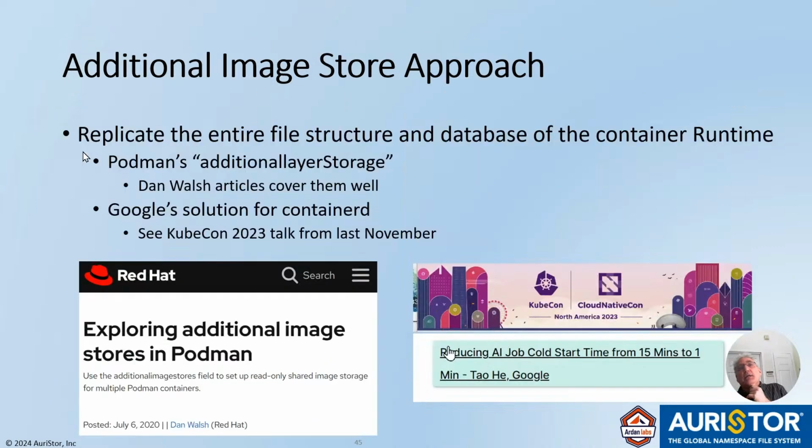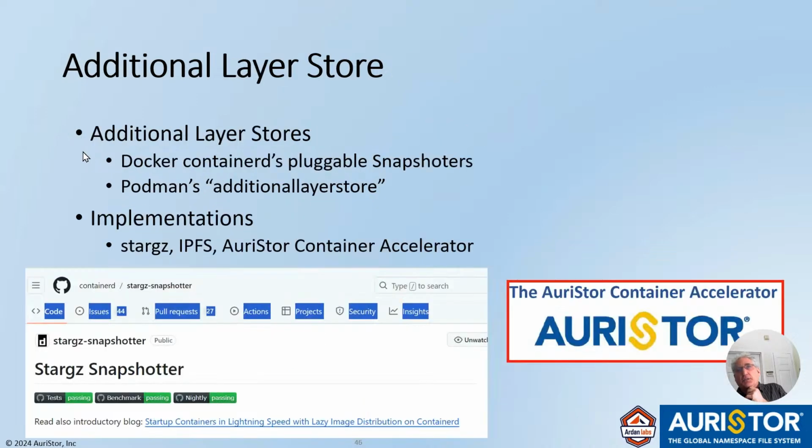Versus layer stores, where you're just providing the files of the layers, not the whole image structure of the container runtime. The way StarGZ works, this is an open source project, you can play with it, is they require pre-rebuilding your container images into a special, non-standard format, but it can be used by a standard container runtime.